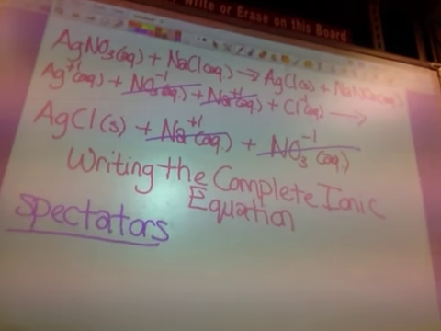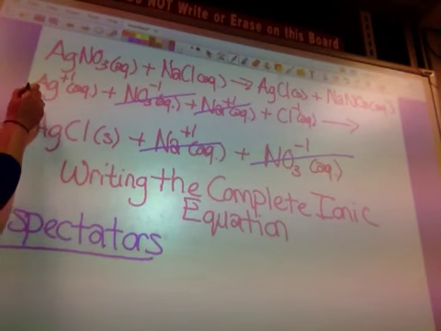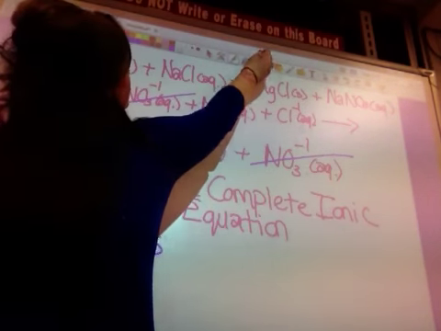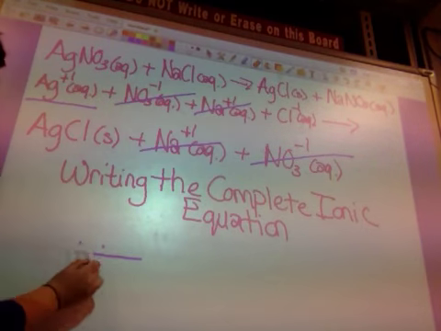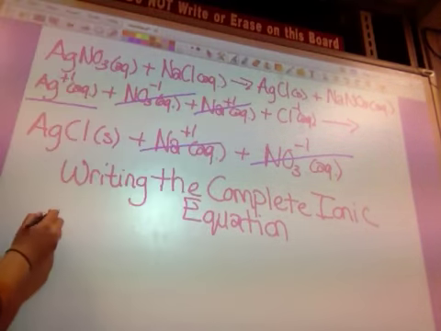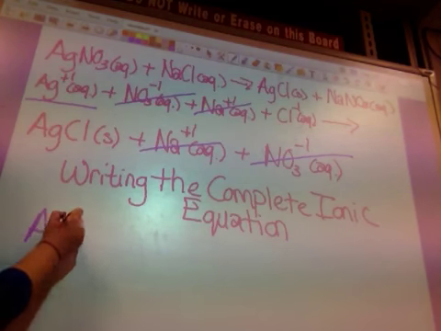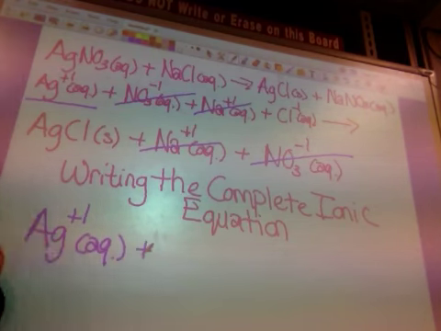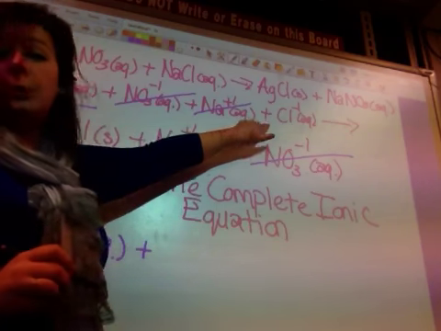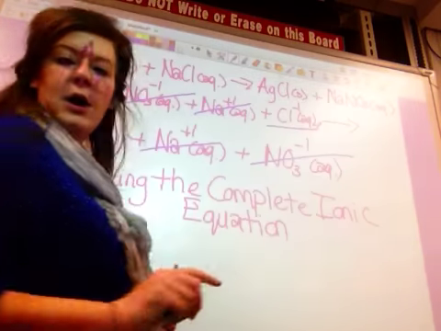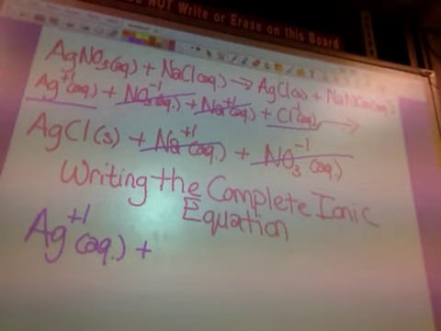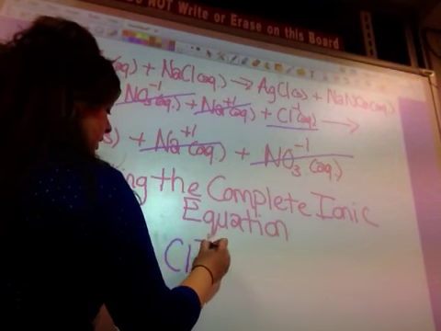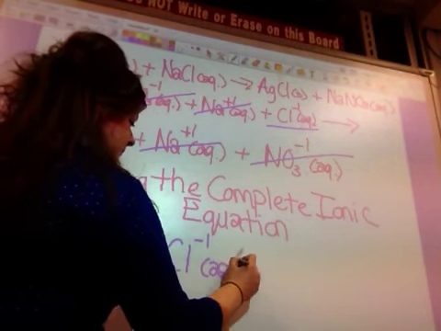So if I look at what I have left, I'm left with silver with a +1 charge, aqueous, and I have left chlorine with a -1 charge that's aqueous.